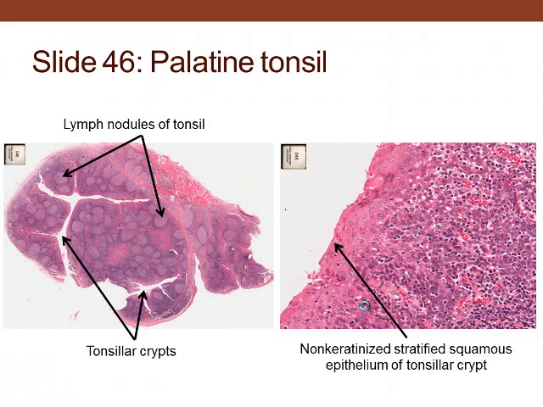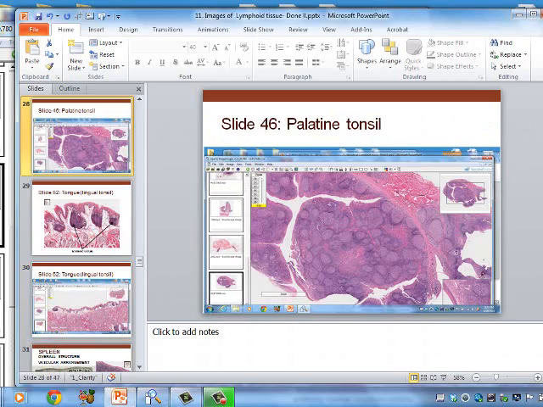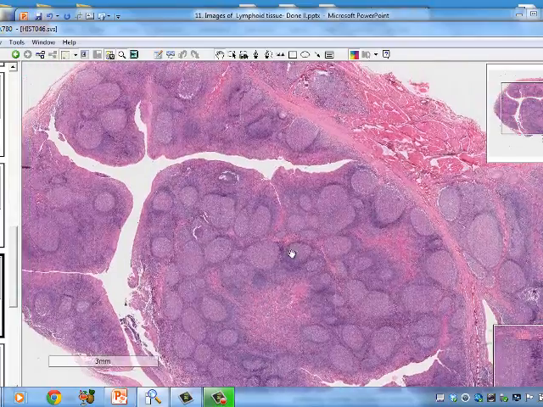And then if you come on to the tonsils, here we see tonsils. This is non-keratinized stratified squamous epithelium and lymphoidal tissue in the tonsils. So if we look at this slide, we can see the tonsils.